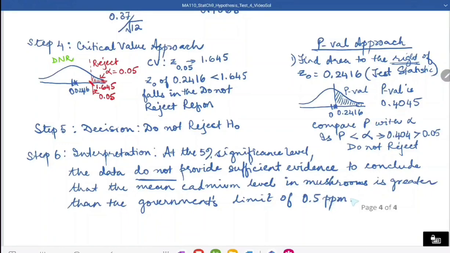All right, you do have to state the interpretation in context of your word problem. Okay.